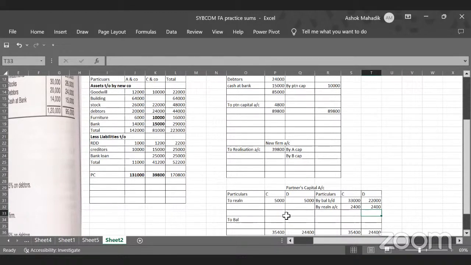Okay. And see what the difference is. So total is 35,400 on the credit side. From that, I'll subtract that 5,000 rupees of investment. So we get a balance of 30,400. And on this side, 24,400 minus 5,000, 49,400. Here, 39,800.